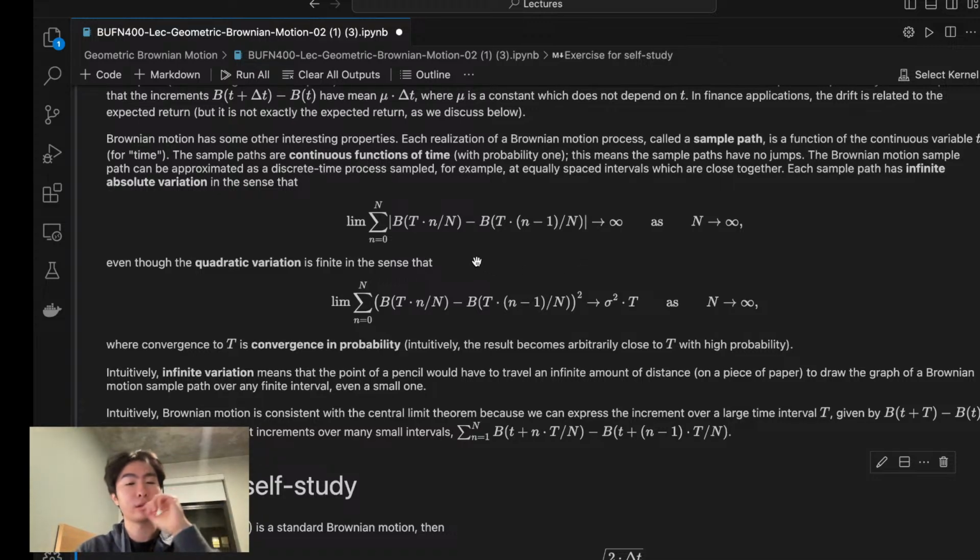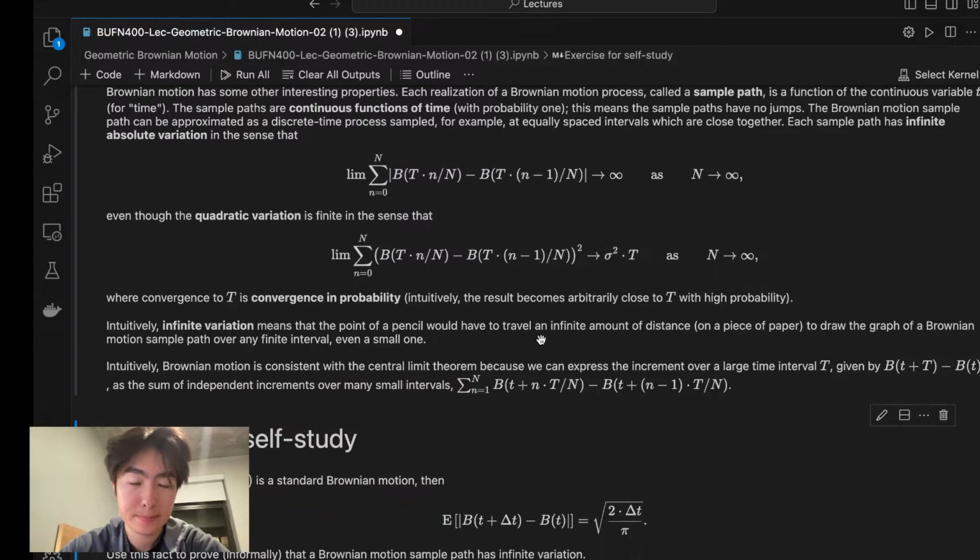So this is saying B of t times n, as n goes really, really big, then this just becomes B of t. And this just also becomes B of t as well.